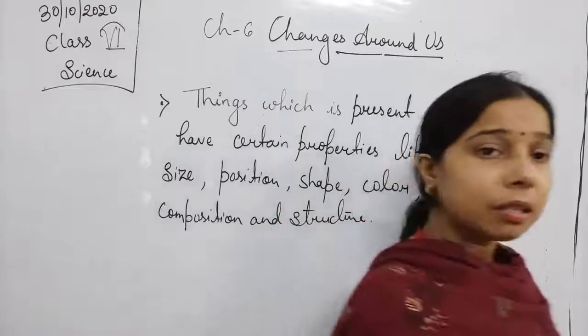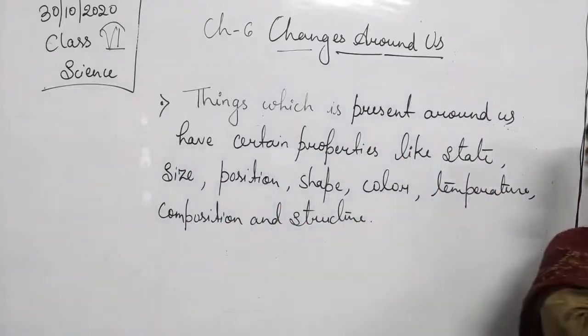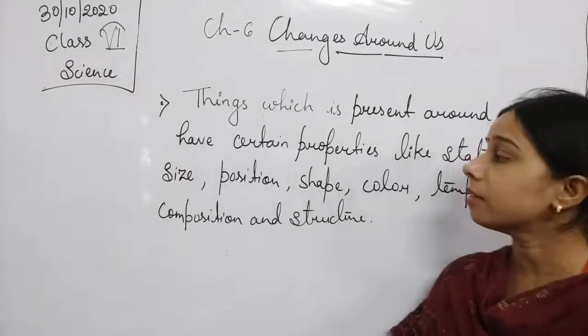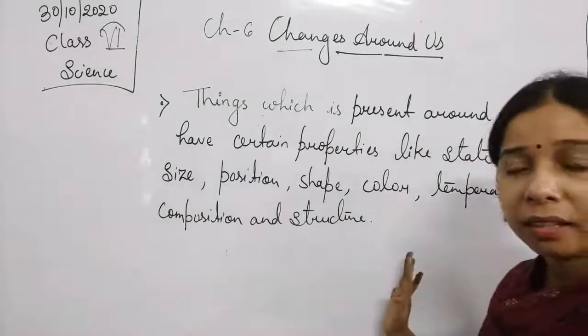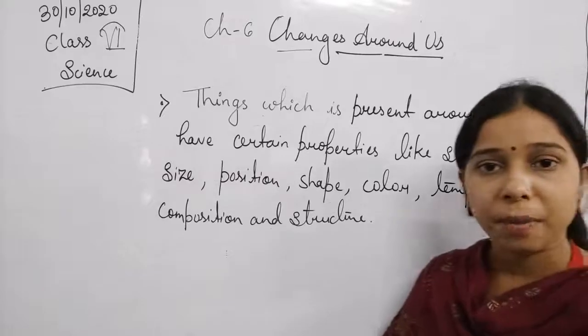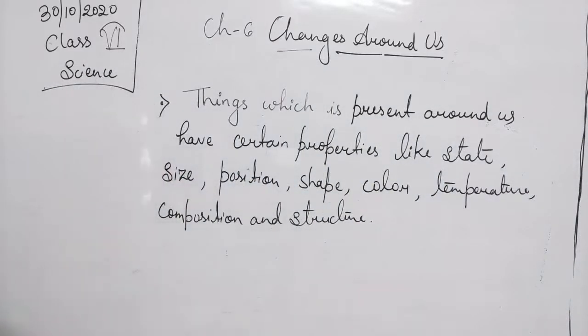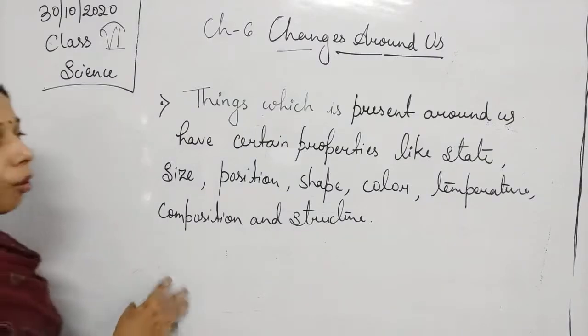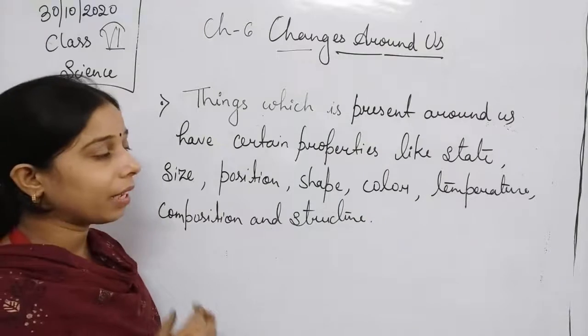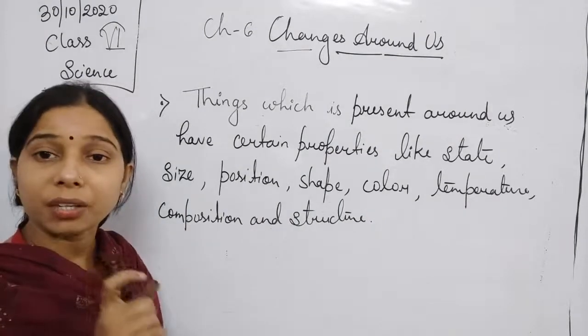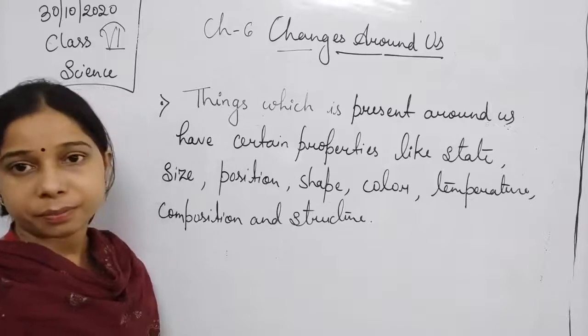So you see, the things which are present around us show different kinds of properties. They have certain properties, students, and these properties can be anything. It can be size, shape, composition, color, or temperature. If any one of the properties gets changed, we will say that a change has taken place.